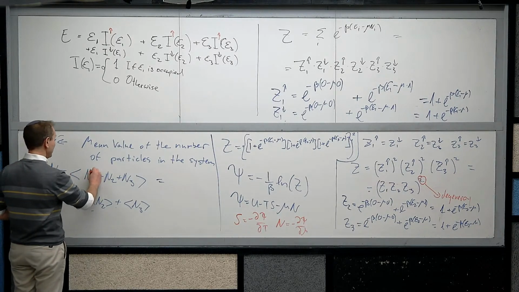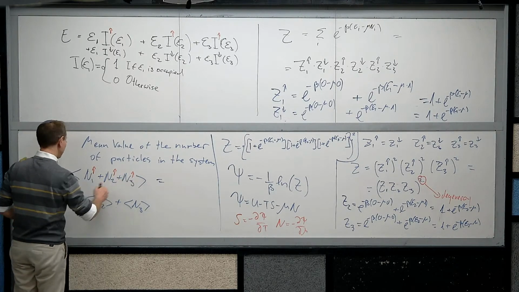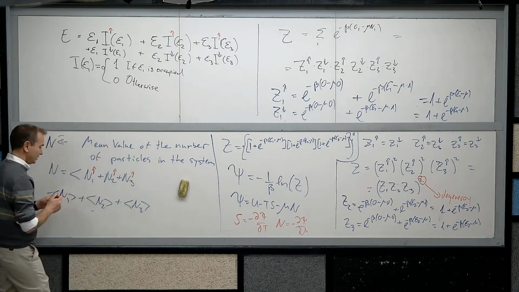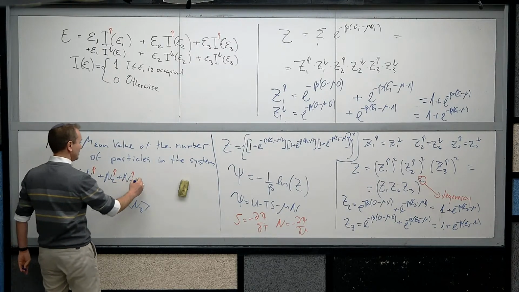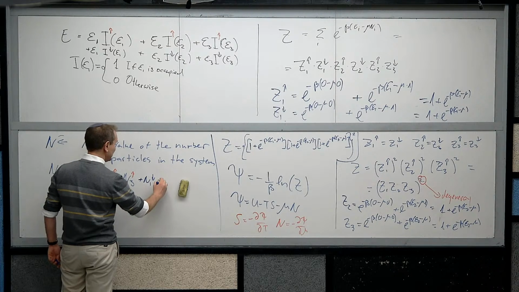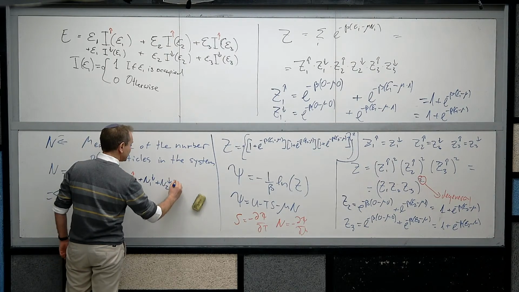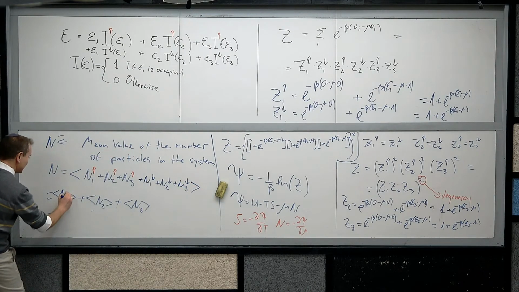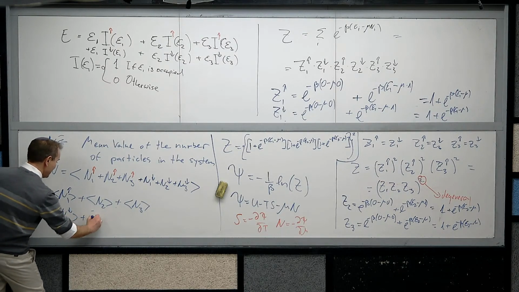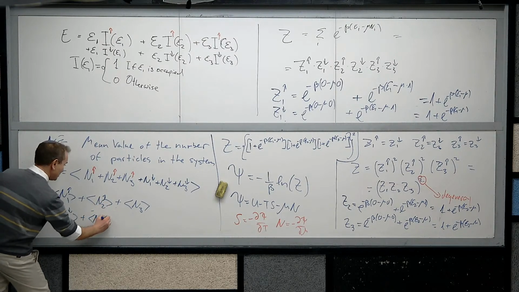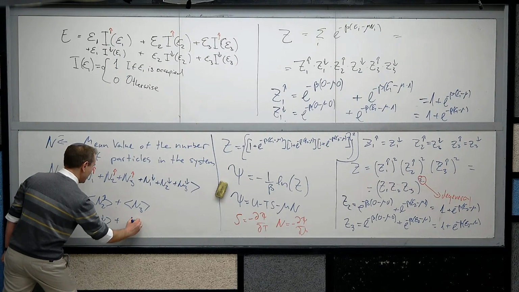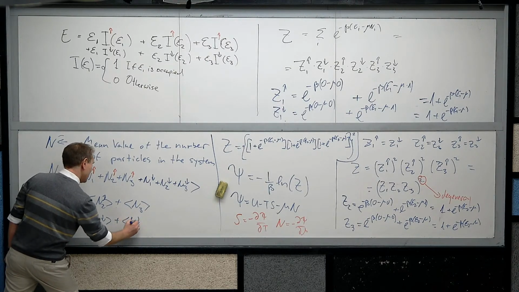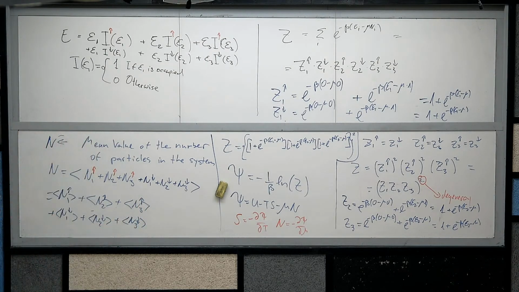So it is n1 up, n2 up, and n3 up, and then I have plus n1 down, plus n2 down, plus n3 down. 6 different states, treat each of them separately.